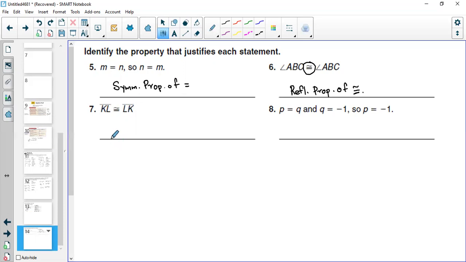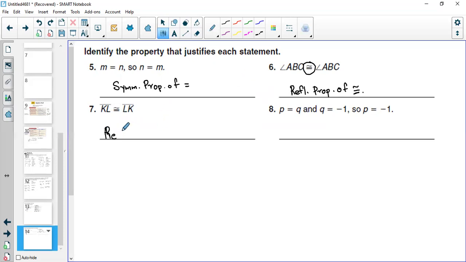So this is again the reflexive property of congruence, because they did not say KL equals anything else. If they would have said KL equals MR, then it will be symmetric, but here it means the same. KL and LK, you know, a line can be read in two different ways.